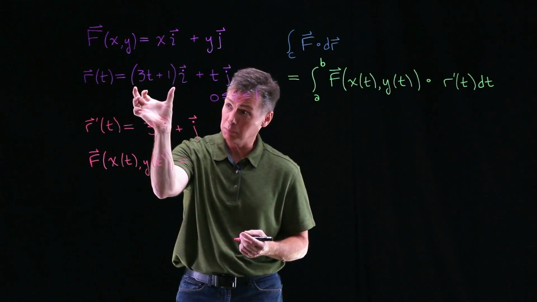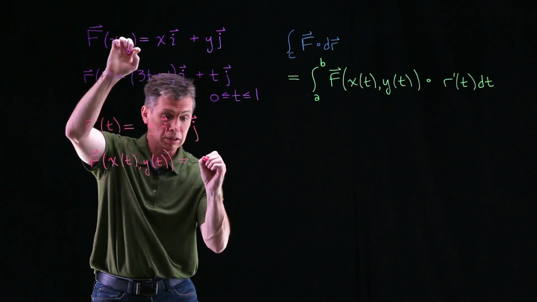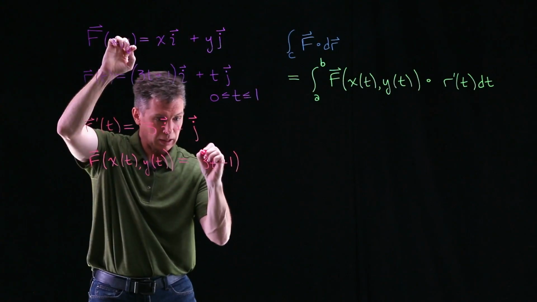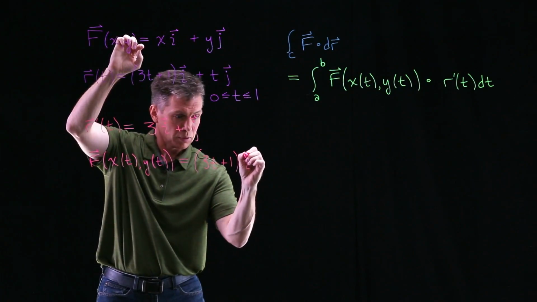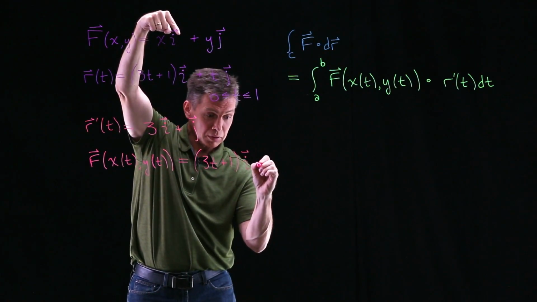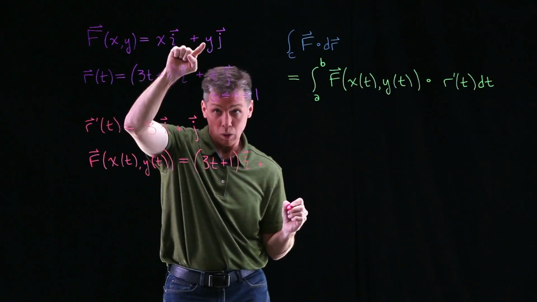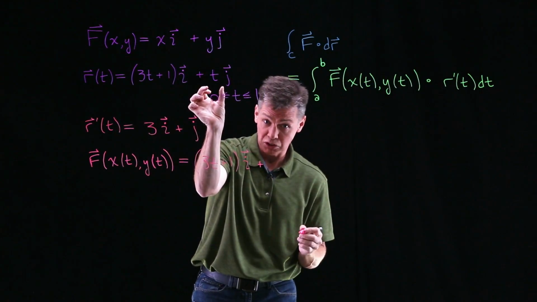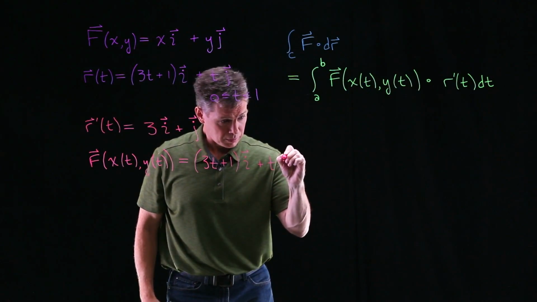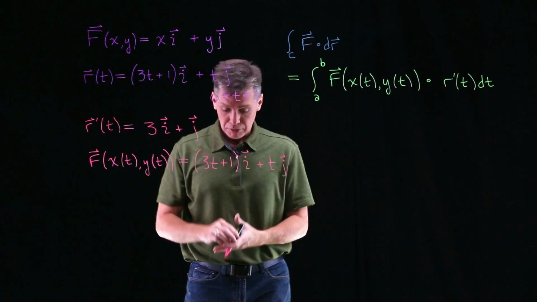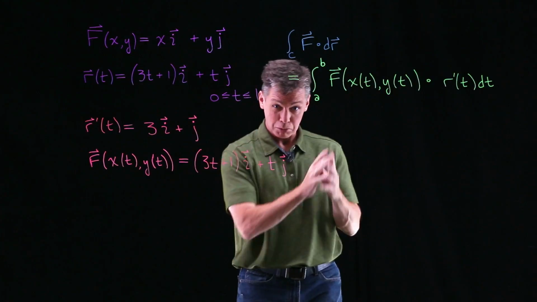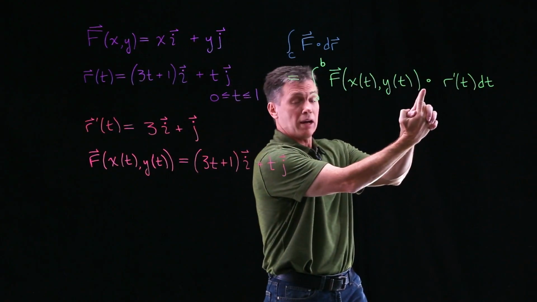Wherever I see an x, I'm going to put 3t plus 1, so here's a 3t plus 1 times the i vector. Then, following this as if it's a formula, there's a plus. And wherever I see a y, I'm going to put in this component, in this case just t, so t times j. So what I have in front of me are both my r prime and this f expression. I'm ready to come back over here and do that dot product.